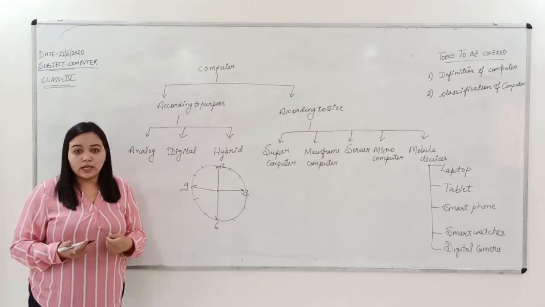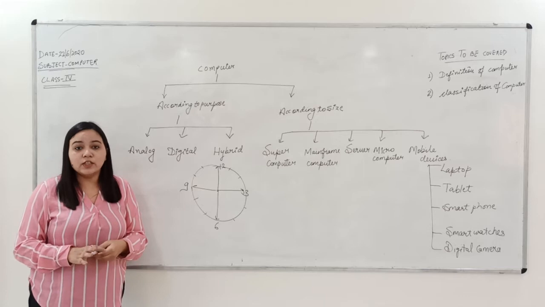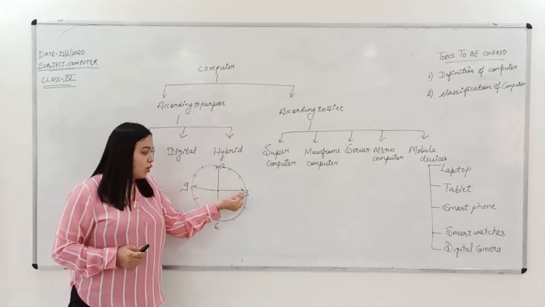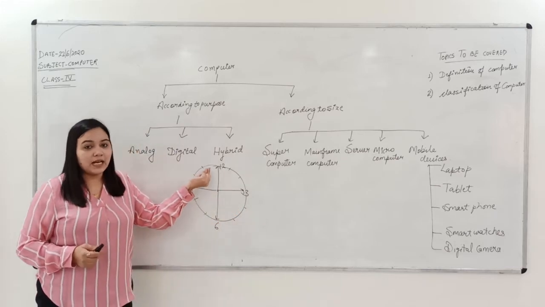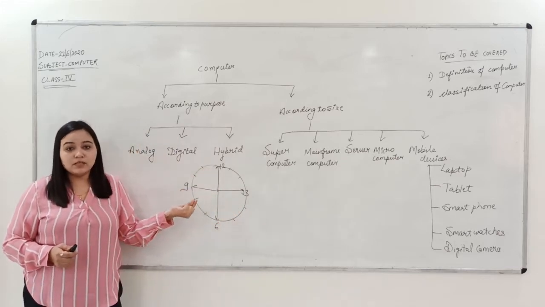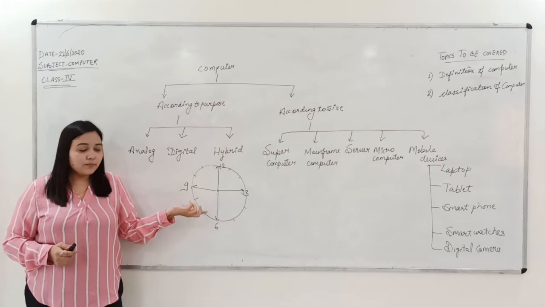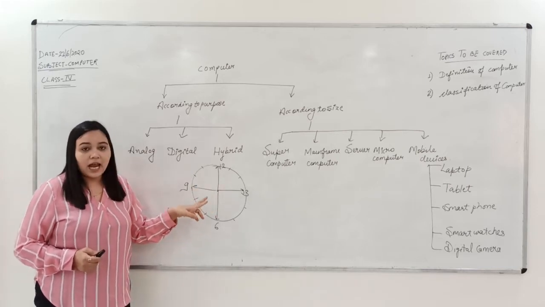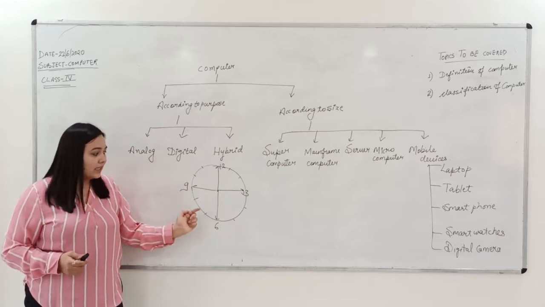You might have studied in your previous classes that when the smaller hand is on 3 and the bigger hand is on 12, the time is 3 o'clock. Yes? So this is analog, because there are some indicators and you have to analyze them.